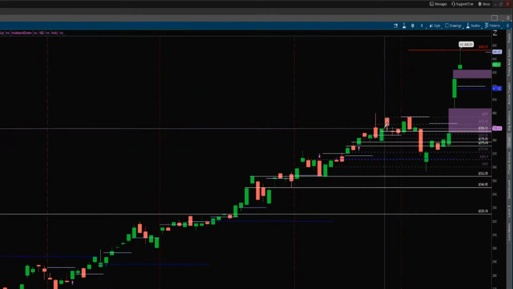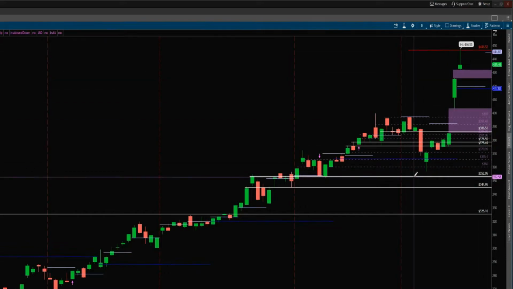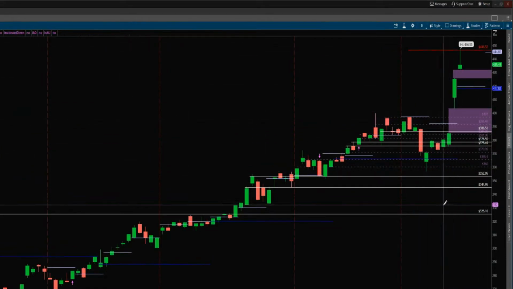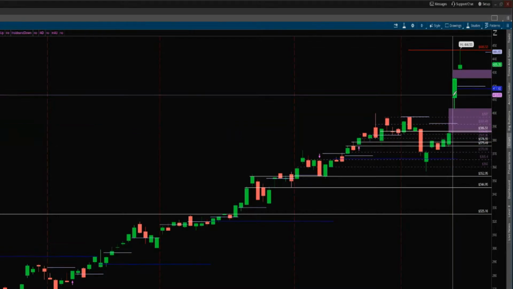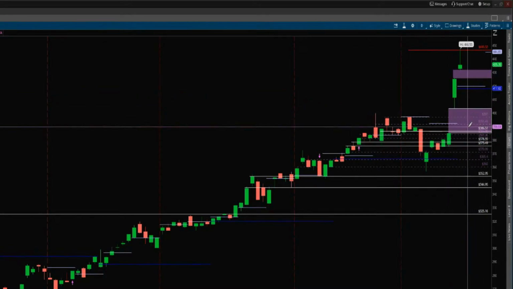So basically what I wanted to show you guys quickly before I showed you what it's like being a scalper: on Apple, we had earnings right here, on the 30th, right? And since then we gapped up, created this large gap, which is indicated by this purple box.